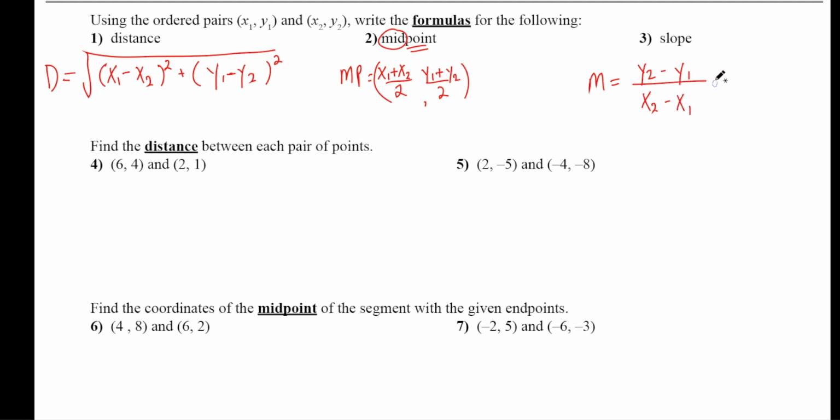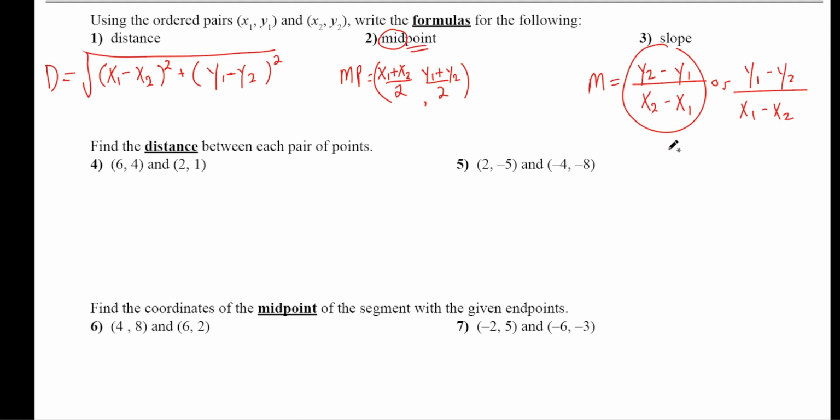Or if you wanted to, you could go y1 minus y2, but then the bottom has to be x1 minus x2. We usually use this one, don't we? It's kind of what they do in the book. You guys seem to be okay with doing it this way, so that's what we're going to do.